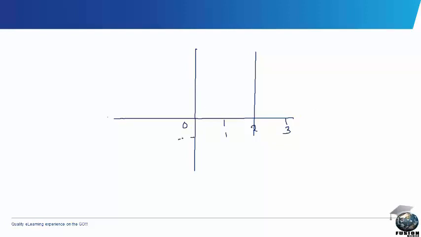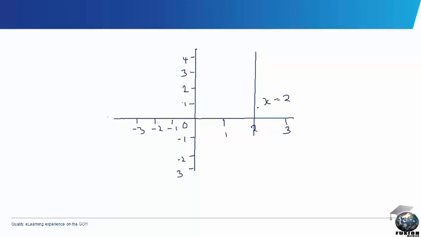Here is minus 1, minus 2, minus 3, and then here is 1, 2, 3, and 4. At this point we have minus 1, minus 2, minus 3, and so on. And so I'm supposed to have a line parallel to the y-axis. We're only saying that x is equal to 2.